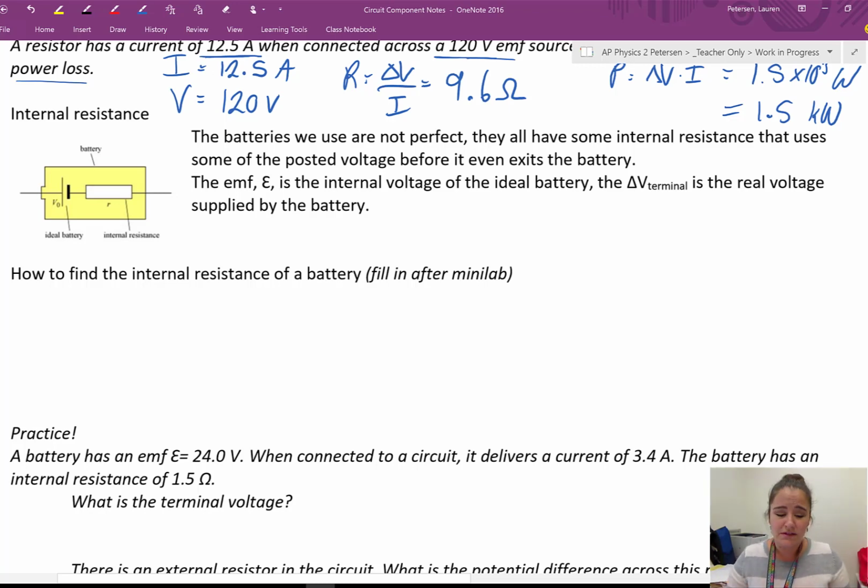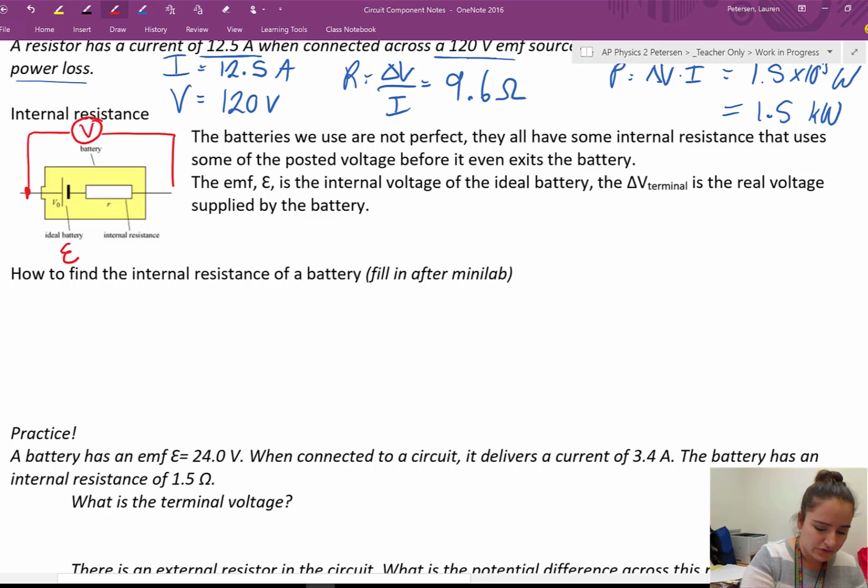Now, when we talk about this in detail, we refer to the voltage of that ideal battery as our EMF, E. And if you were to go across this battery and measure its voltage, you would actually be measuring the terminal voltage.